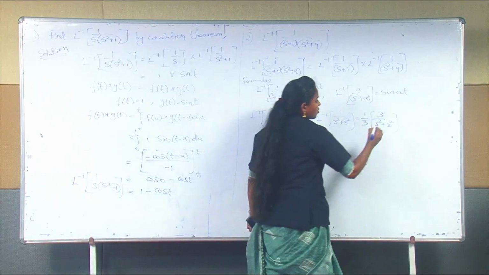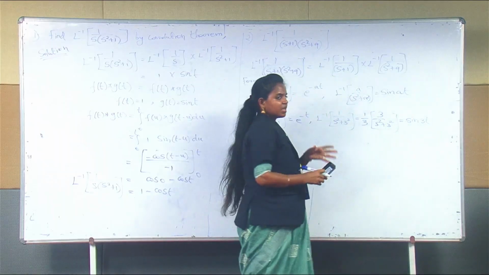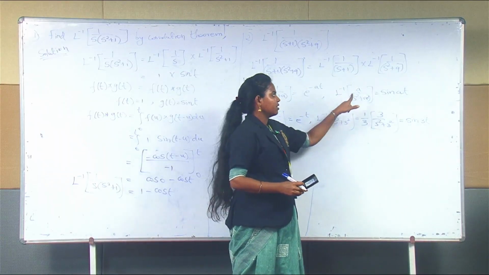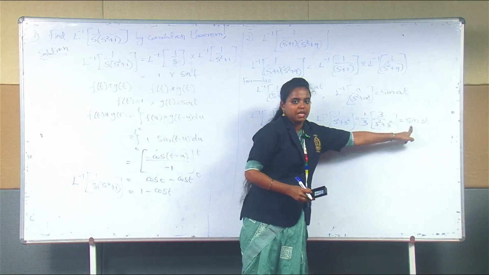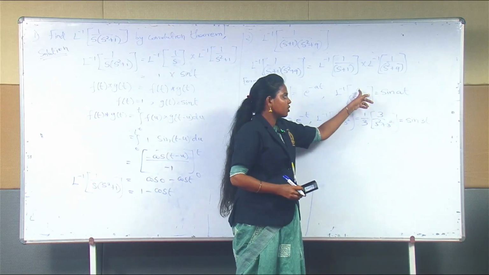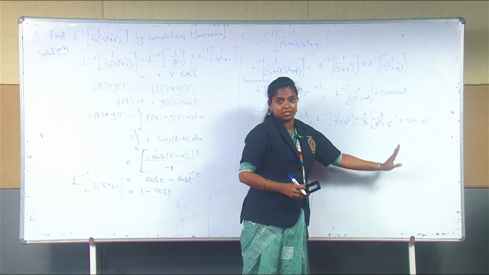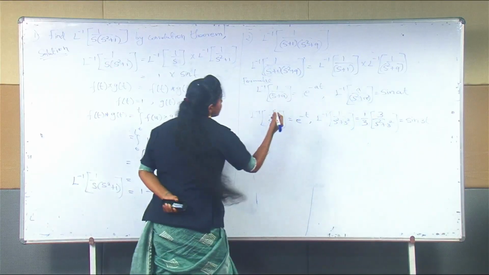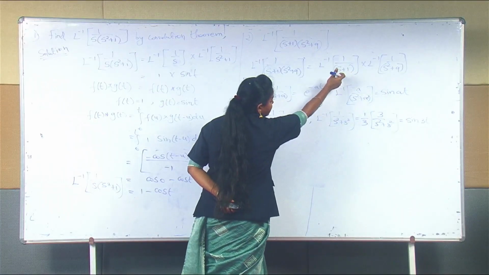So it is the formula of sine 3t. All these you have to keep in your mind. If a is in your numerator, that will be sine 3t. If s is in your numerator, it will convert to your trigonometry function cos. Okay. So here I am going to substitute this in this equation.